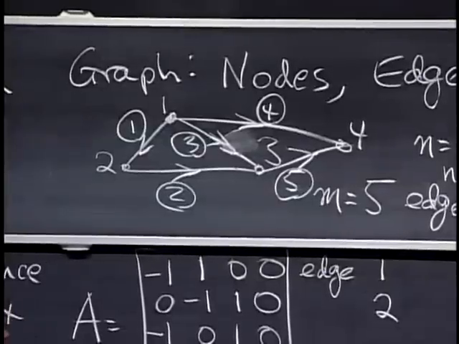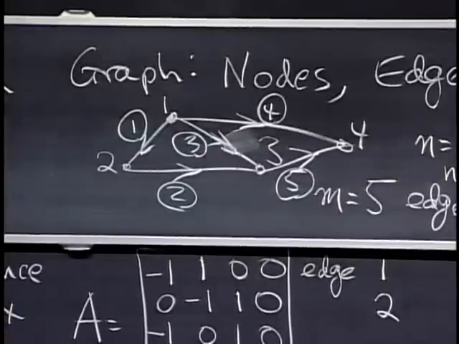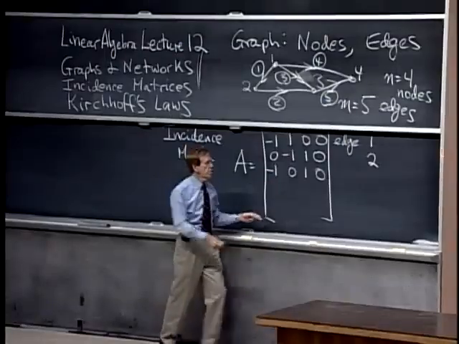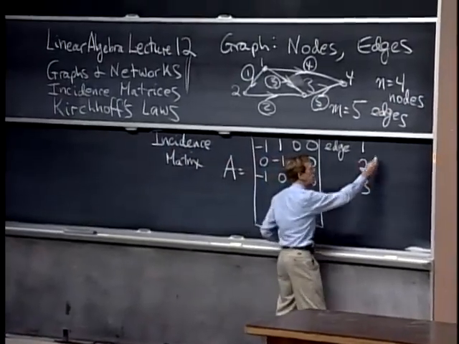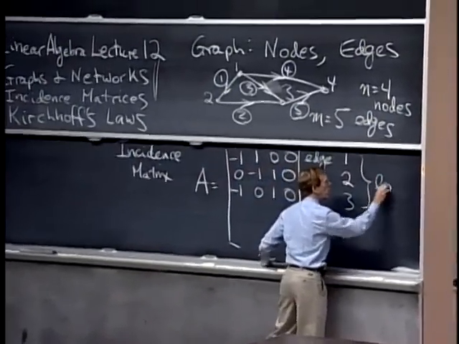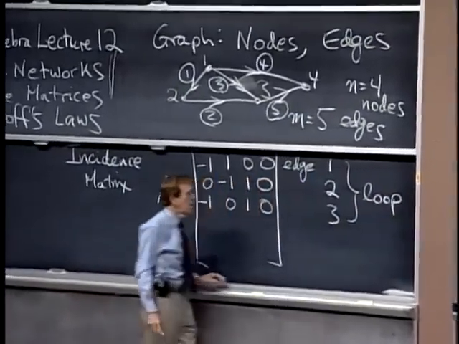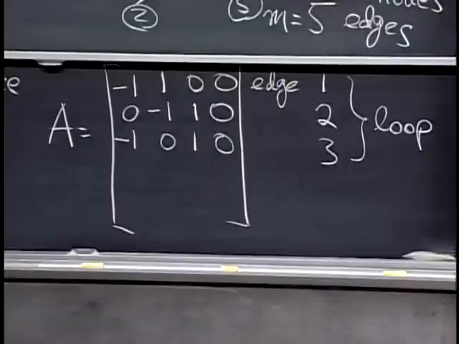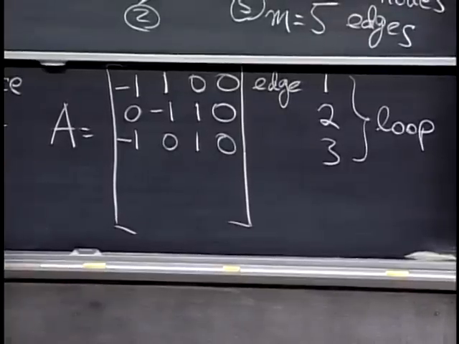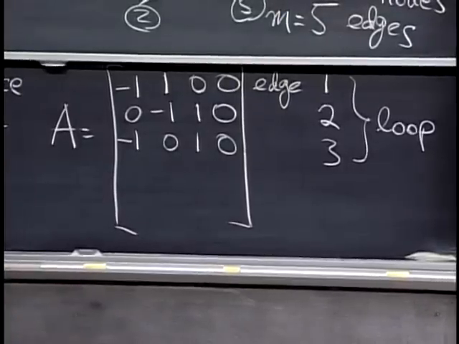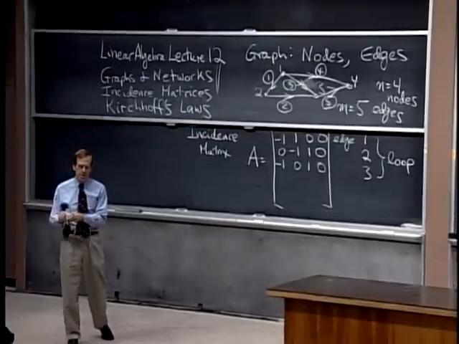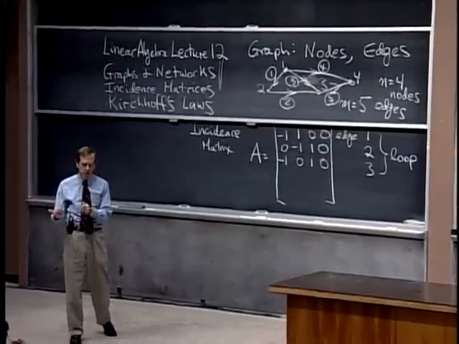Okay. Actually, here's an interesting point about loops. If I look at those rows corresponding to edges 1, 2, 3, and these guys made a loop, do you want to tell me, if I just looked at that much of the matrix, it would be natural for me to ask, are those rows independent? Are the rows independent?